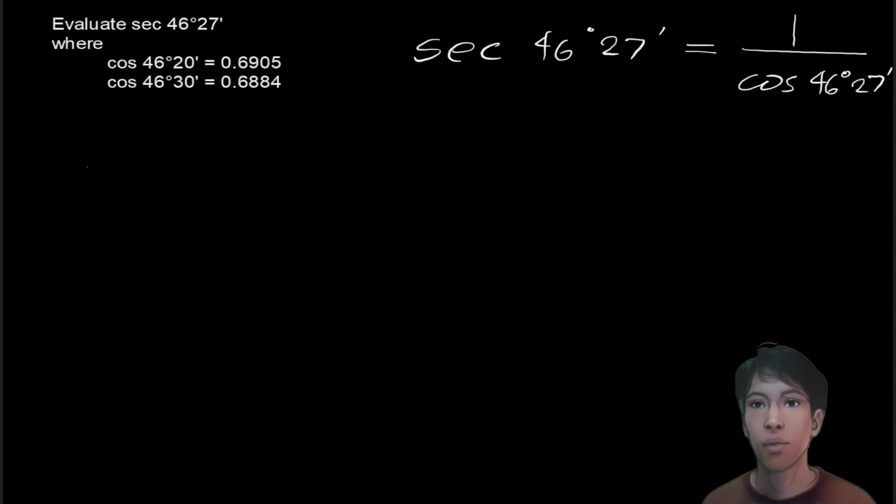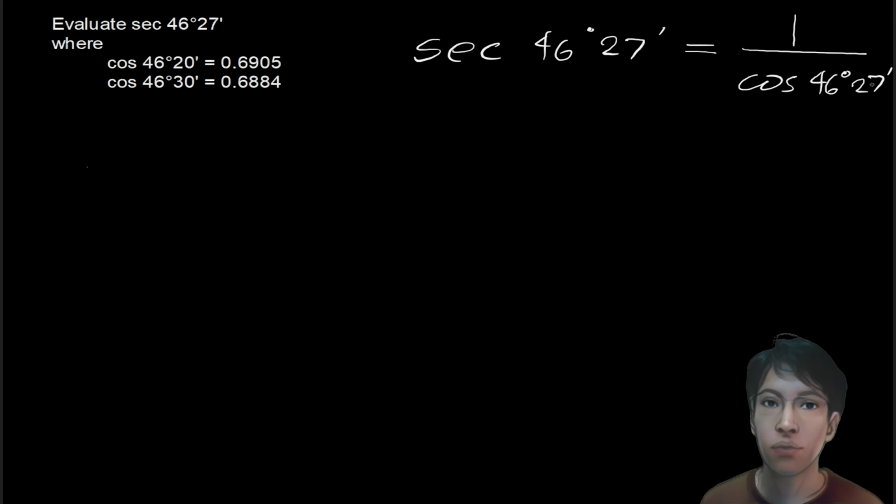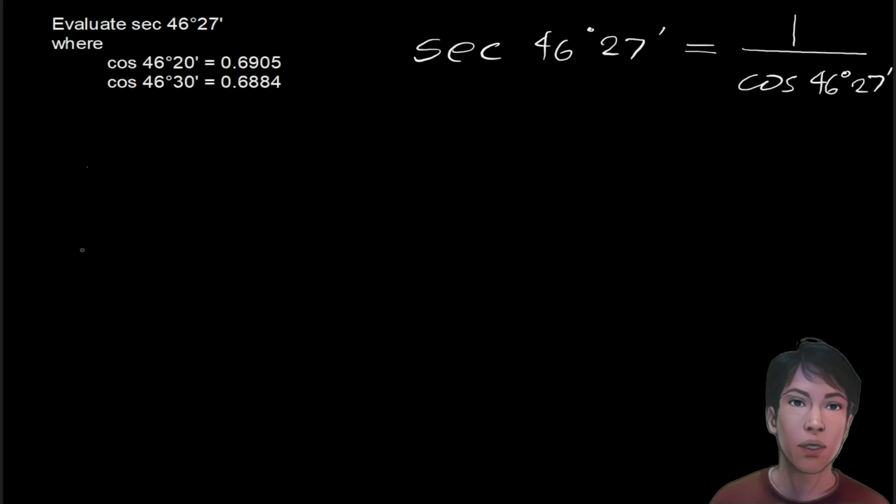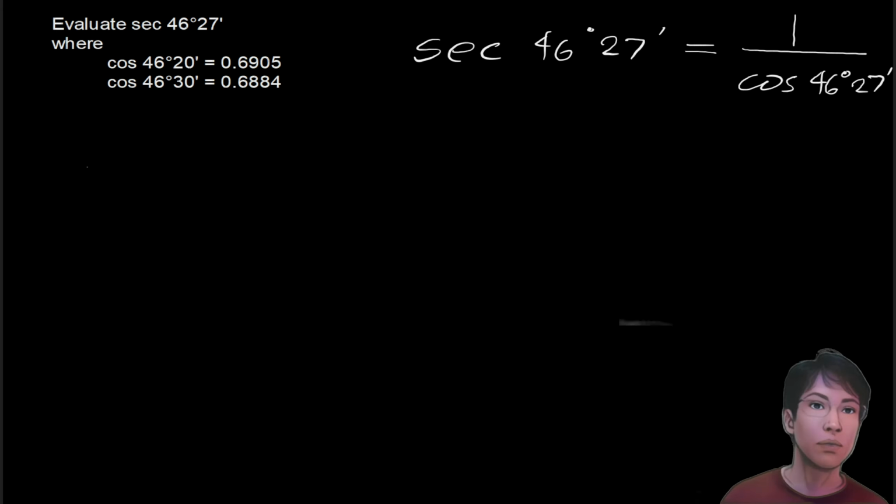So, let's get the equivalent value of cosine 46 degrees 27 minutes by means of interpolation.